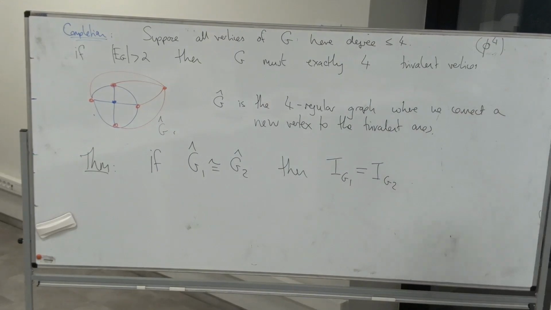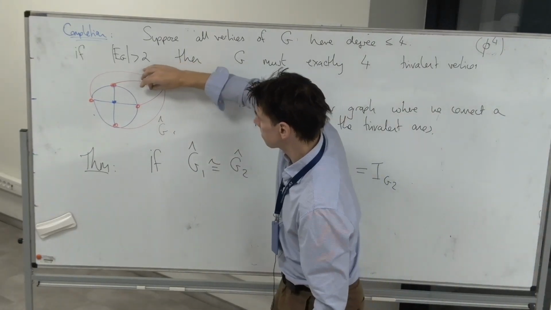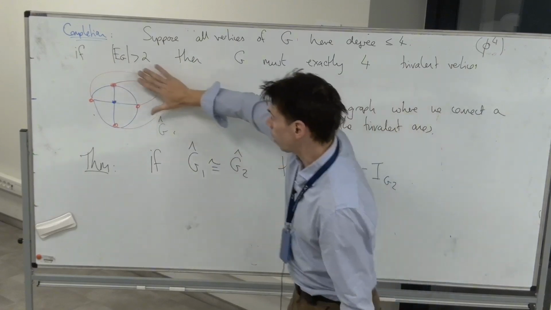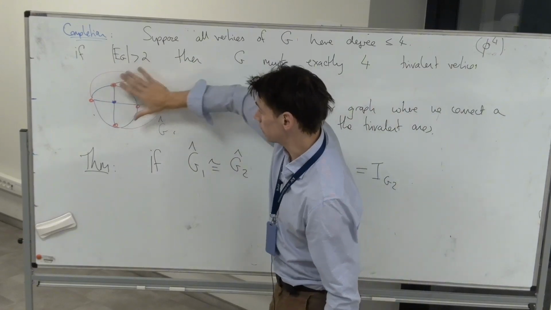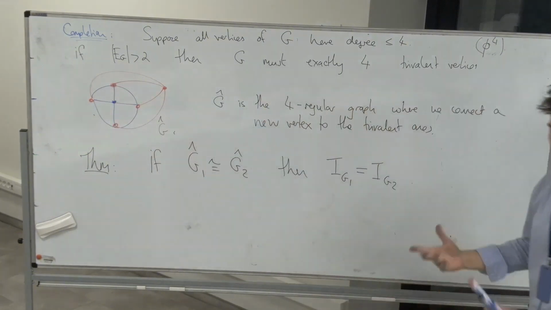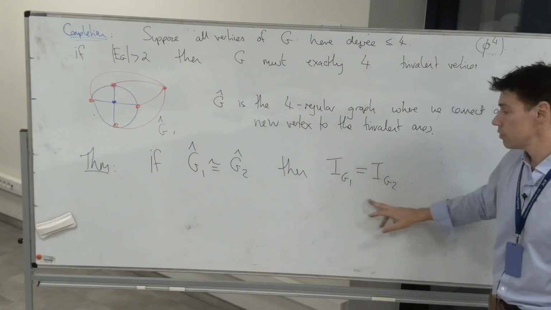And this is really subtle, because what it says is you can take a graph, add a new vertex at infinity and complete it in this way. To get back the old graph, you just delete this vertex. You get back the wheel with 4 spokes. But you can delete any other vertex, and typically you get a completely different graph. But the theorem says that the residues are the same.